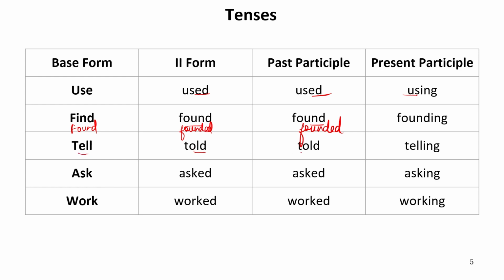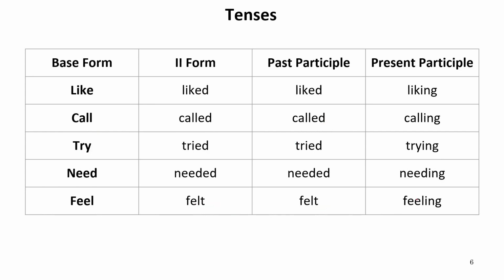Now tell, told, telling. Ask, asked, asking. Work, worked, working. Then we have like, liked. Call, called, calling. Try, tried. In this, we only use ed. Need, needed, needing. Feel, felt. Now this is different again.